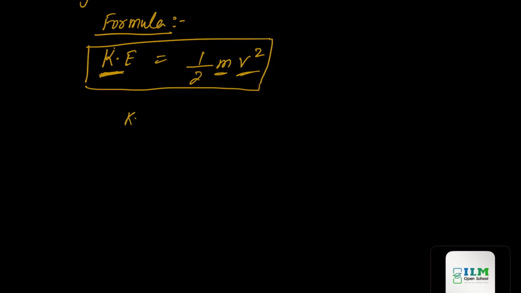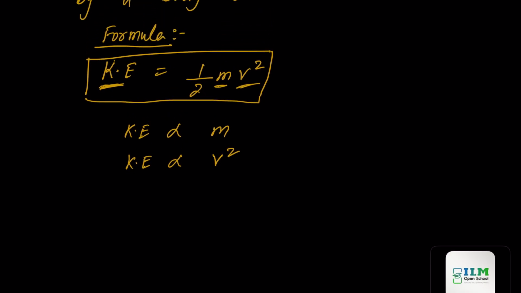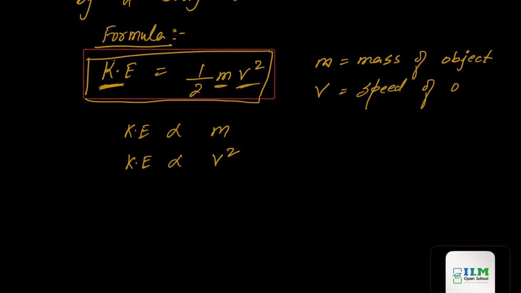Kinetic energy is directly proportional to mass, and kinetic energy is directly proportional to the square of velocity. Here m is the mass of the object and v is the speed of that object.